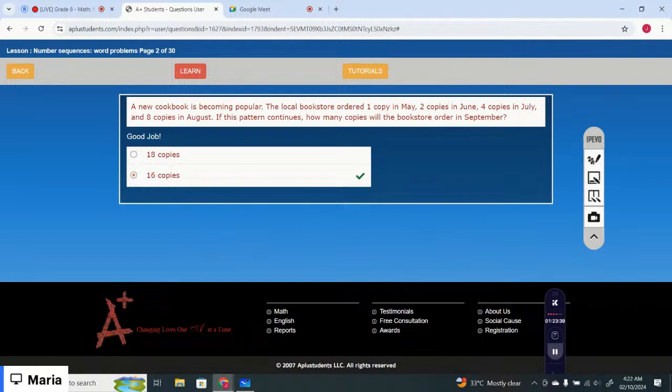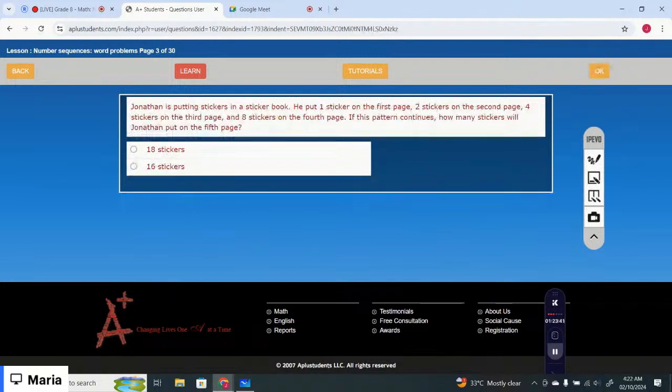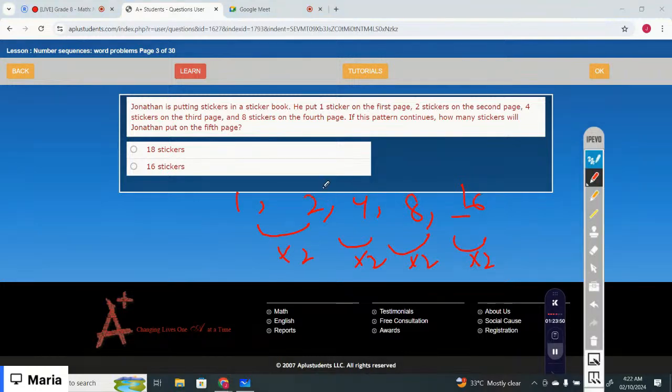Okay, the next one is Jonathan is putting stickers in the sticker book. He put one sticker on the first page, two stickers on the second page, four stickers on the third page, eight stickers on the fourth page. If the pattern continues, how many stickers will Jonathan put on the fifth page?